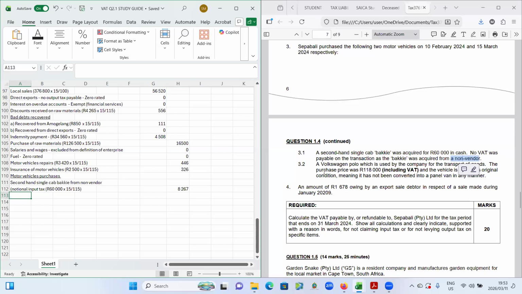Then number 2, we've got a Volkswagen Polo. On this one, what are the tax implications?